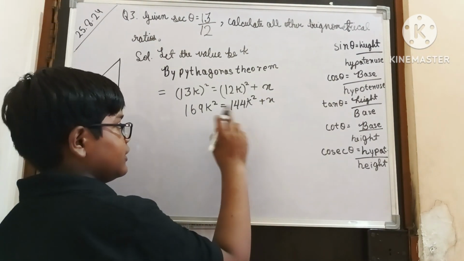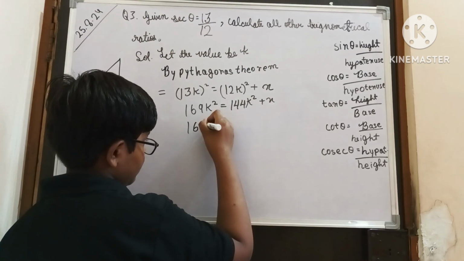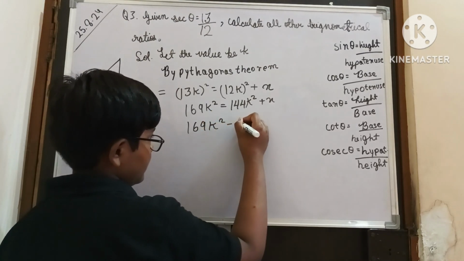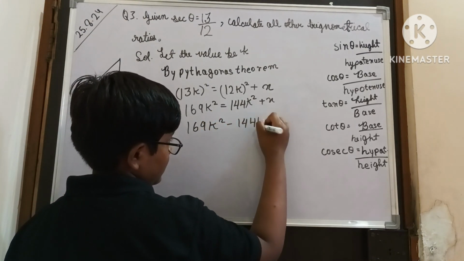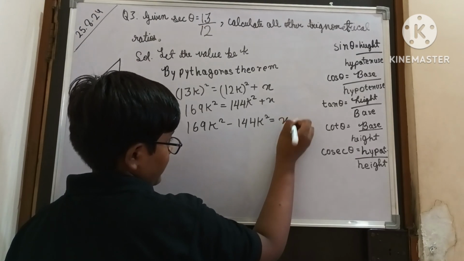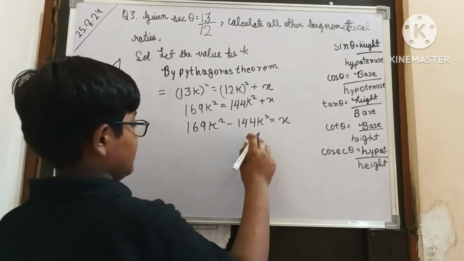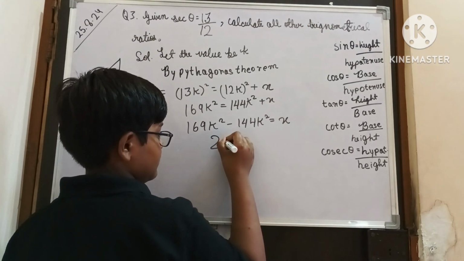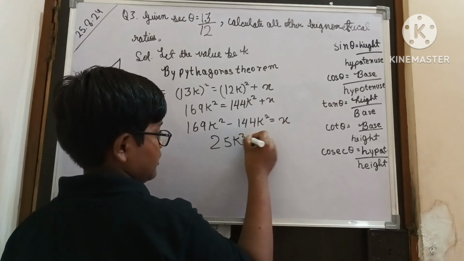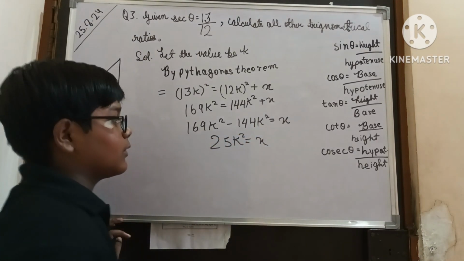So we will transfer it here, and the values will become 169k square minus 144k square is equal to x. Now, subtracting these values will become 25k square is equal to x.